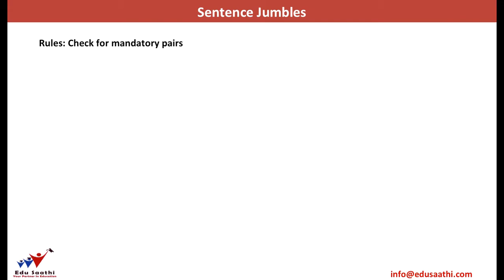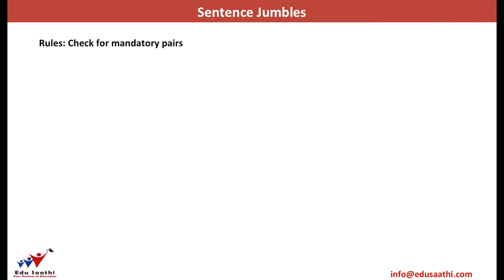We always try to solve these questions by making the mandatory pairs. Now, what are mandatory pairs? Mandatory pairs are the parts of sentences or phrases that have to be placed together, come what may. These are two phrases that will be together, whatever the structure of the sentence. And we check for such pairs.